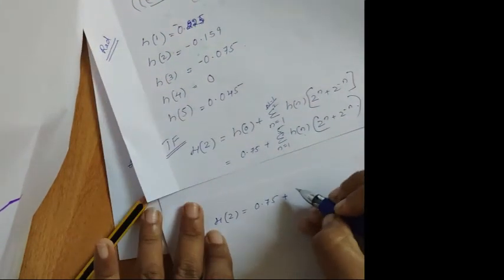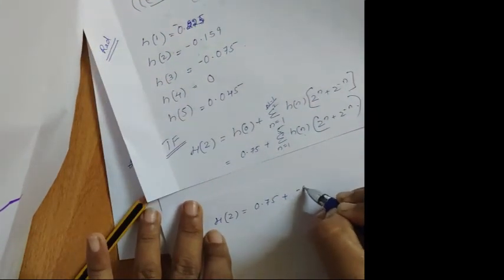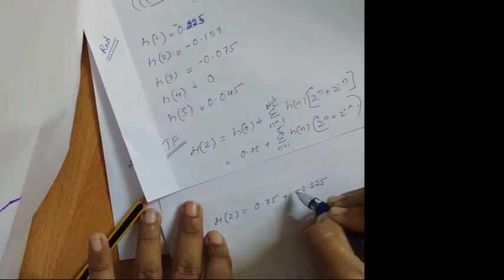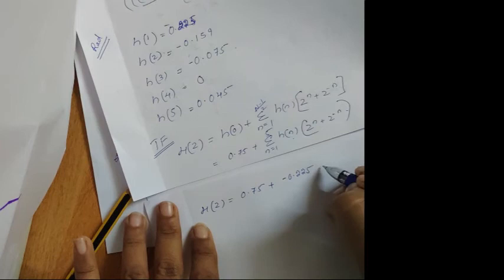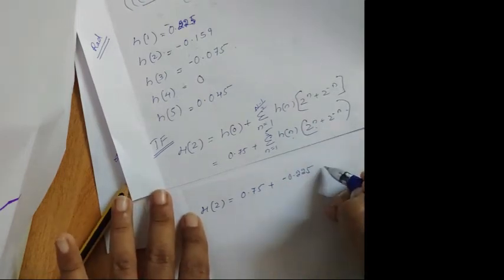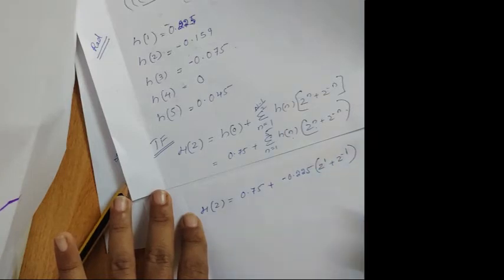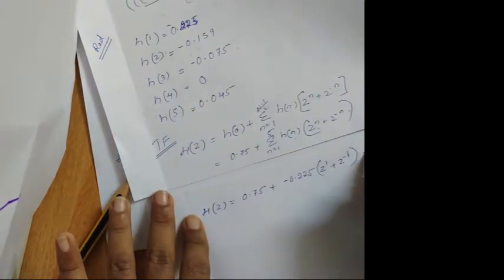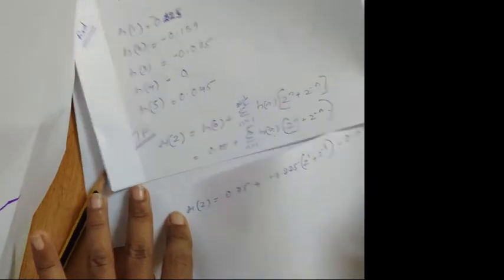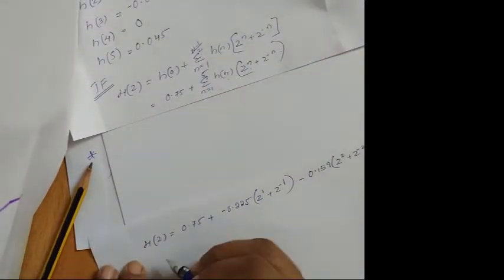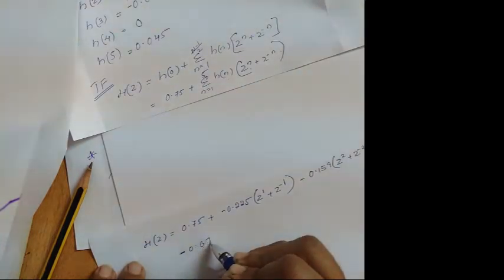So minus 0.225 times z raised to 1 plus z raised to minus 1. Okay. Second term minus 0.159 times z raised to 2 plus z raised to minus 2. Okay. Next term is you got as minus 0.075.